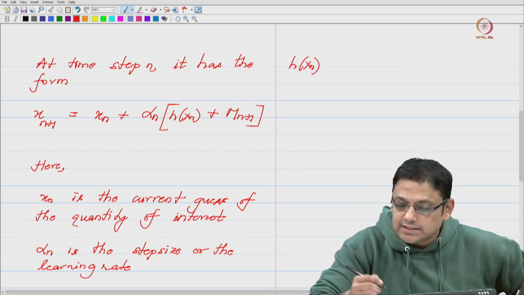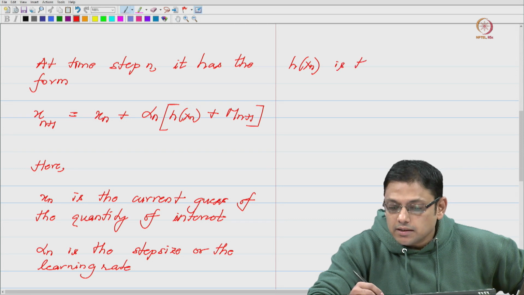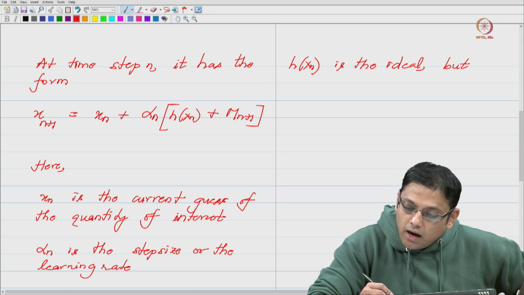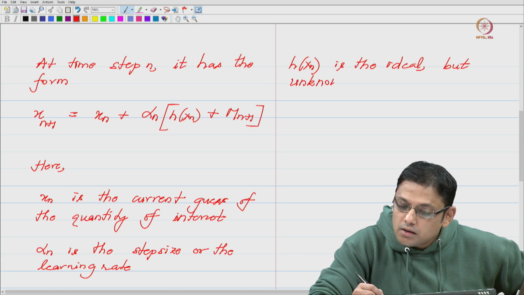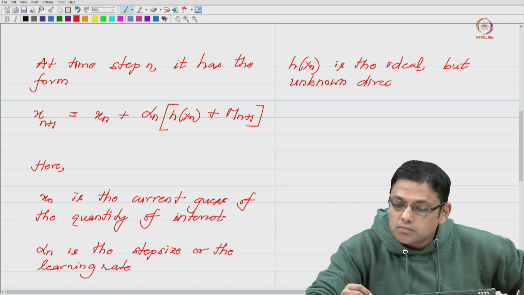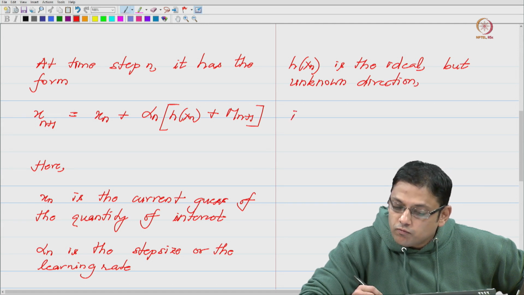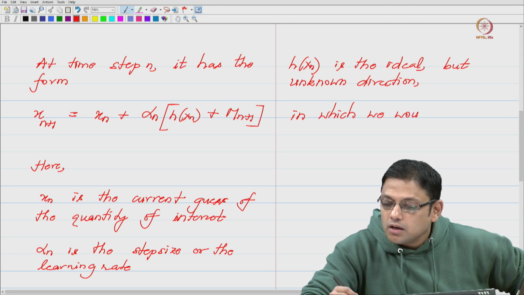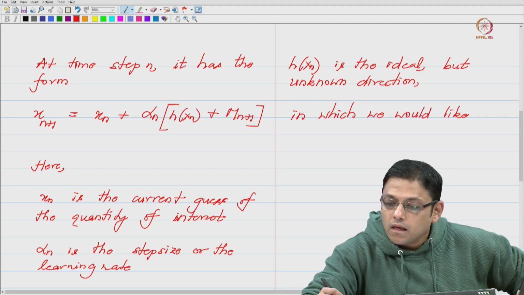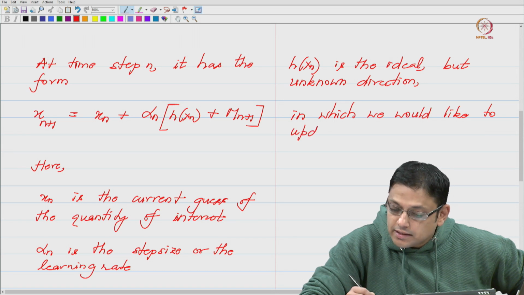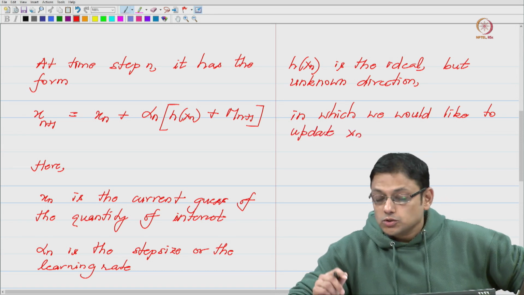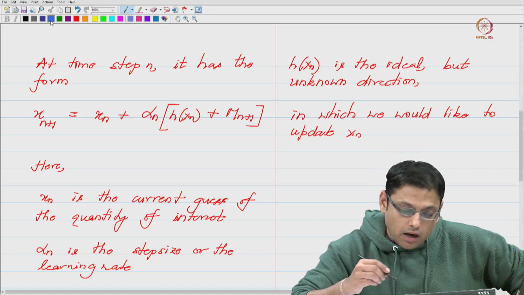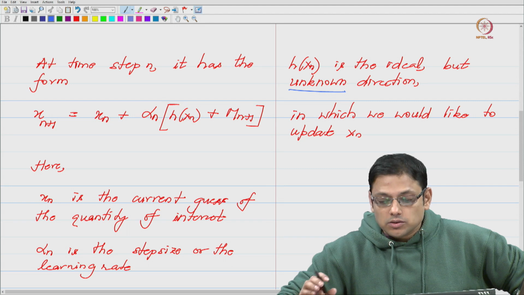h(x_n) is the ideal but unknown direction in which we would like to update x_n. So observe that I said h(x_n) is the ideal but unknown. This is very important.